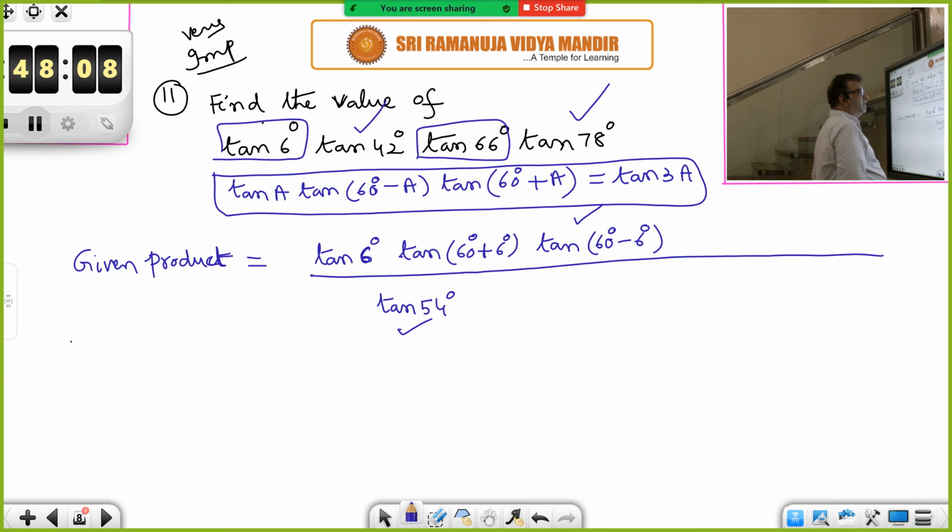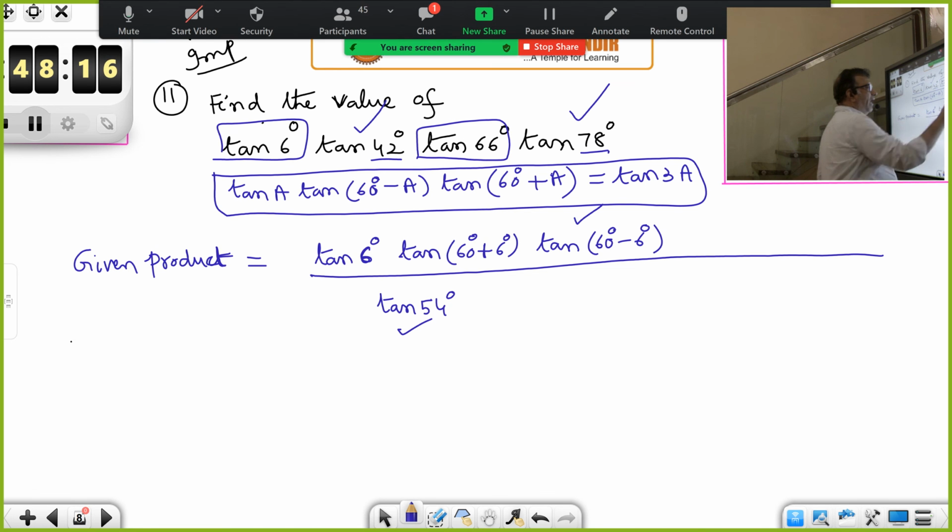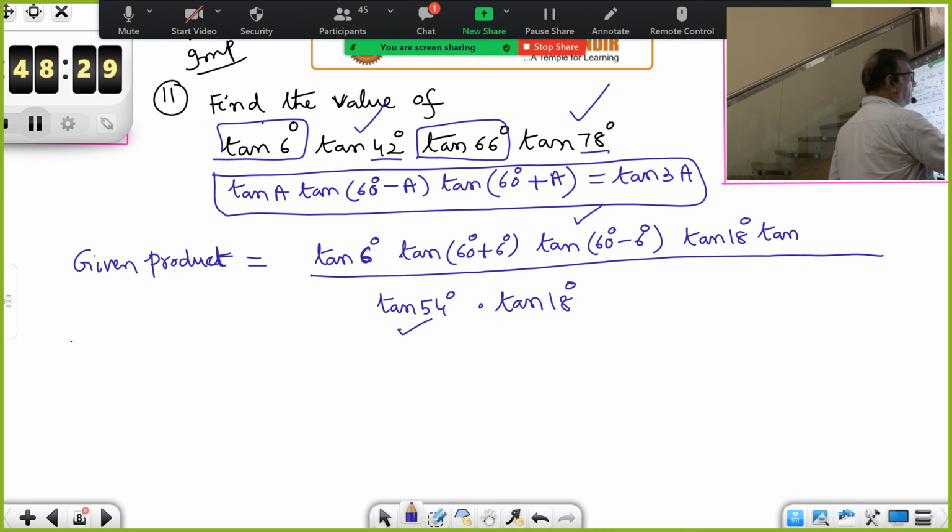I recognize that 60 minus 18 is 42, 60 plus 18 is 78, so actual 18 is not there. So, I will multiply by tan 18, and I will divide by tan 18 also. Tan 42 can be written as tan 60 minus 18, into tan 78, which can be written as 60 plus 18.